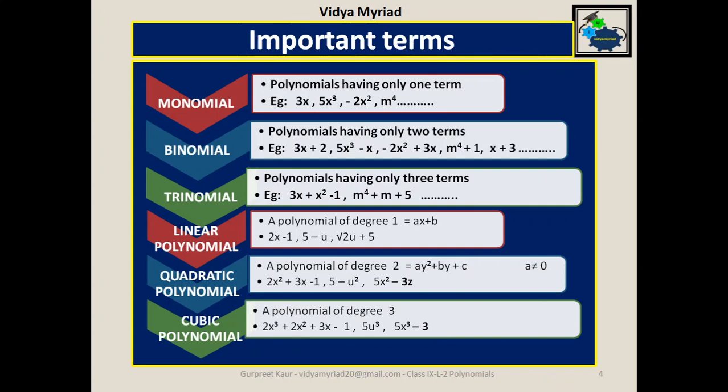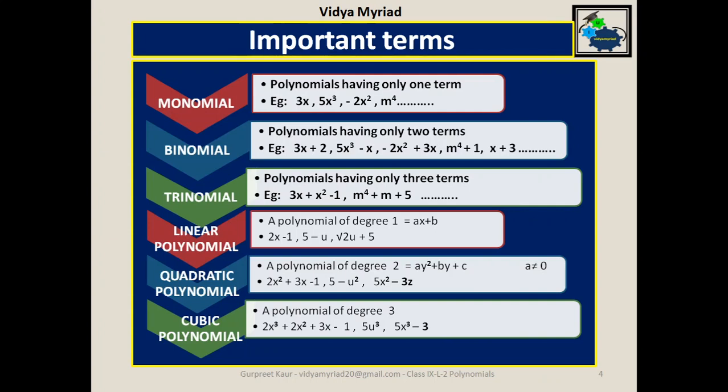A quadratic polynomial means the highest degree of the polynomial will be 2, for example 2x square. Your a should not be equal to 0, and the power square should be there in that particular expression.